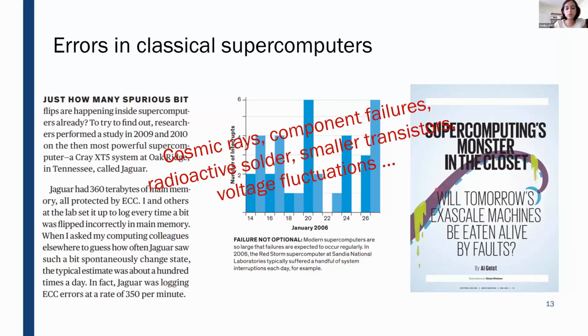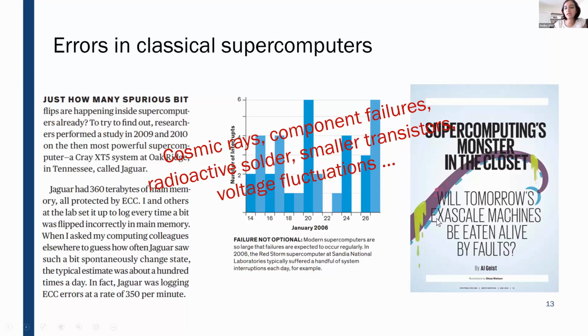One way that people used to deal with these problems in classical supercomputers was that they would have checkpoints in their code. At these checkpoints, whatever had been computed so far would be written to disk, so that if the computer failed at some point in the computation, you didn't have to start all over again. You could start from that checkpoint.